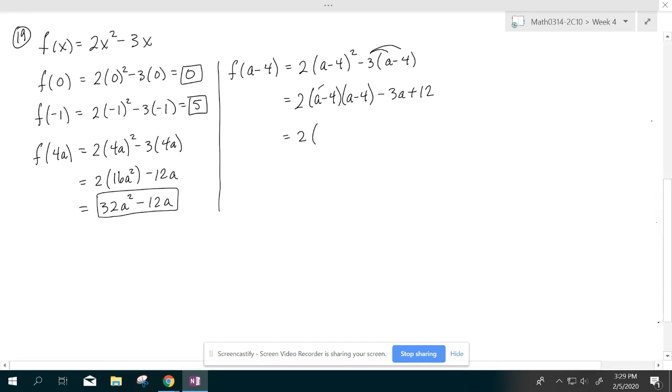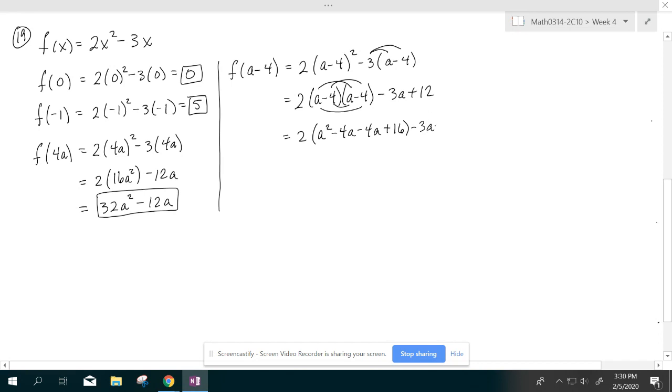All right, here we go. A times A. On the outside, negative 4a. On the inside, another one just like it, negative 4a. And last but not least, negative times a negative makes it a positive 16.